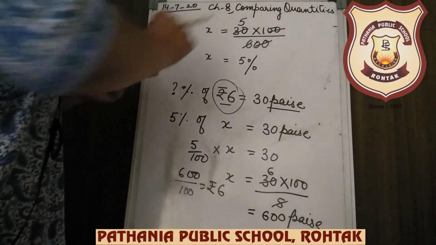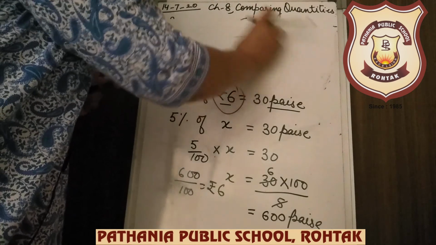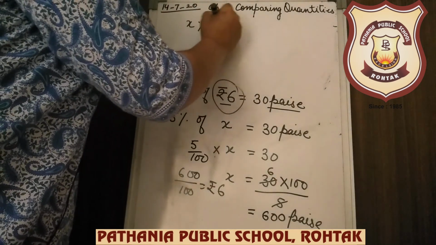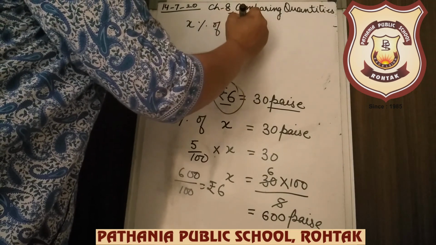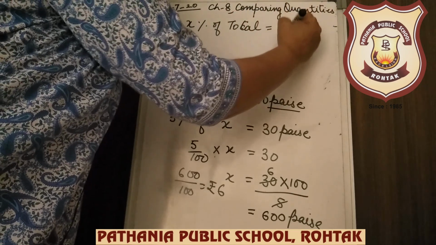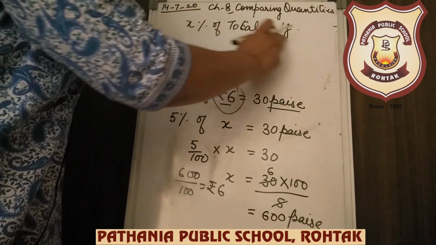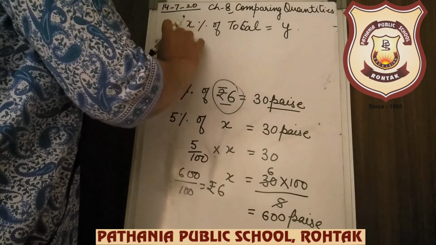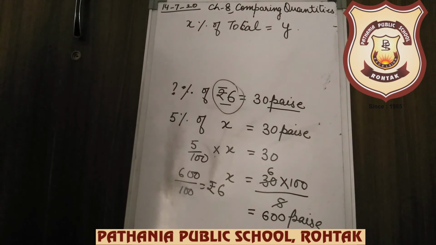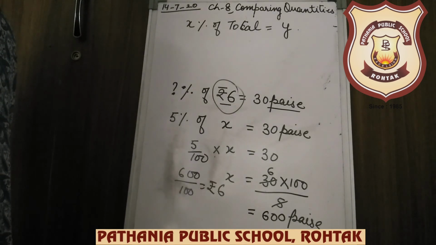So the main statement is what I told you previously, that x% of total, this will always be a total, is equal to y. So if any of the things is missing and two are given, you can calculate the third one just by putting in the values, and you have to be careful with the statement, otherwise the things are going to be wrong.